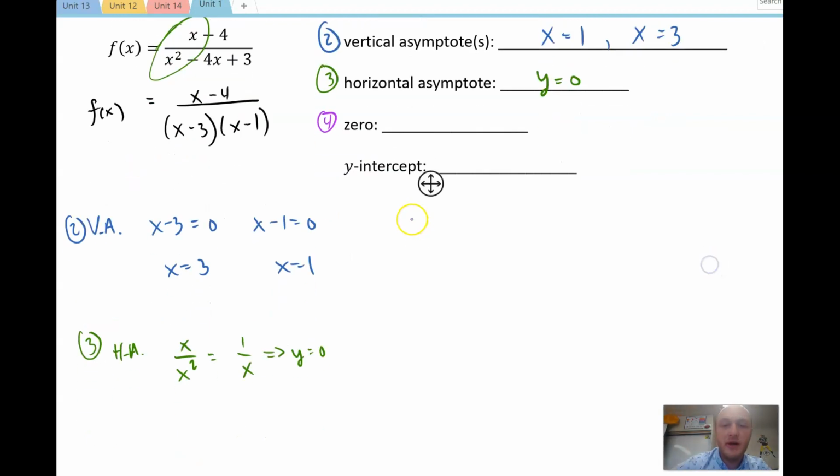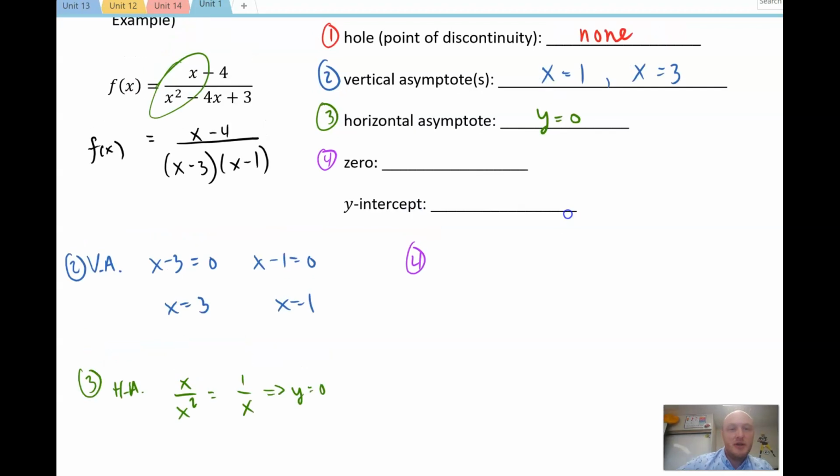So I still want to do step 4, which is to set this equal to 0, and multiply both sides by (x - 3)(x - 1).